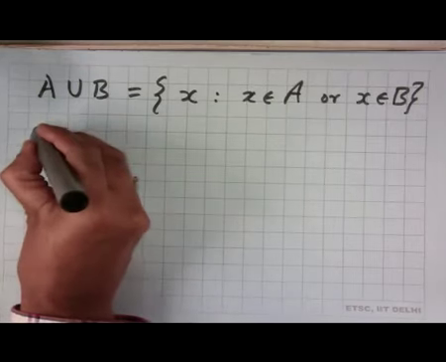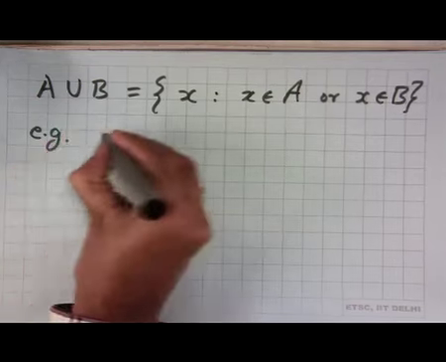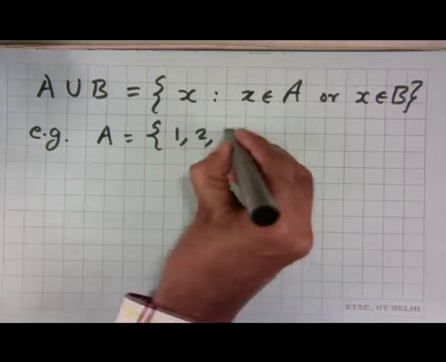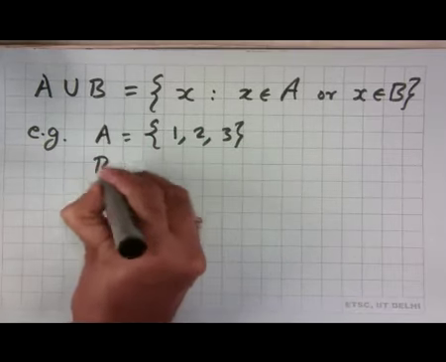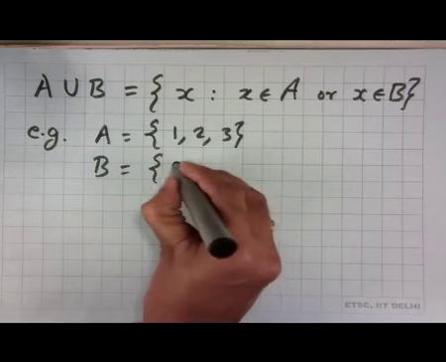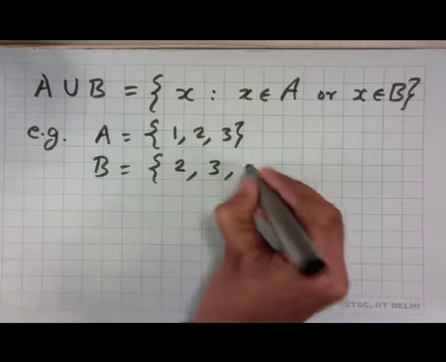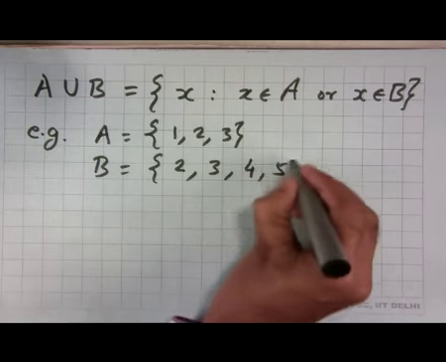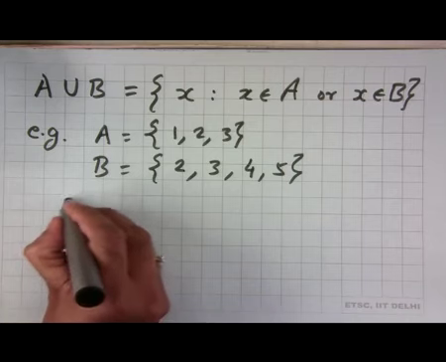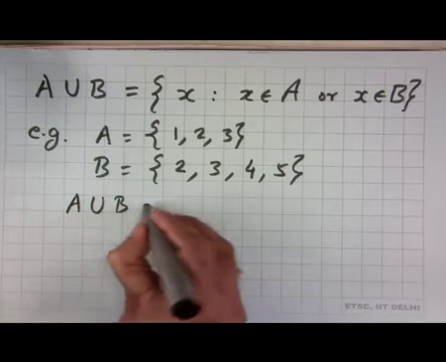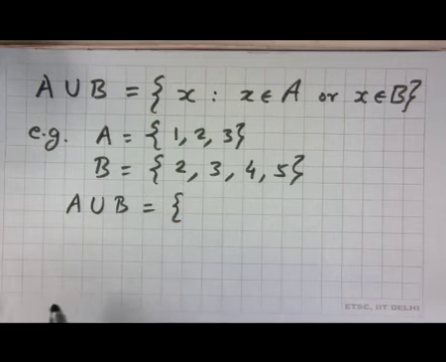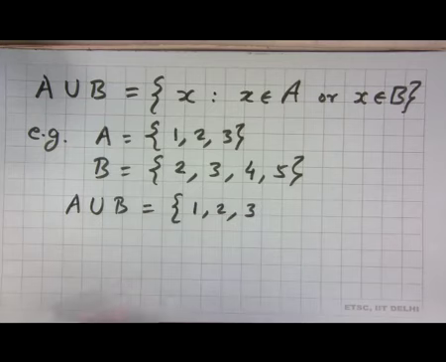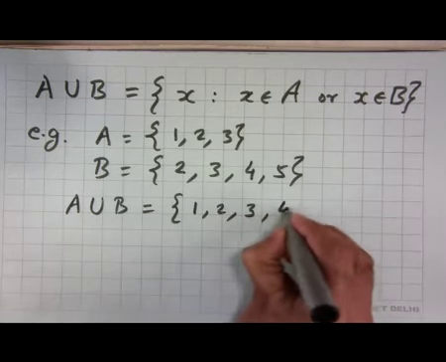So, for example, let A be the set containing 1, 2 and 3, B the set containing 2, 3, 4 and 5. Then A union B must contain all the elements of A and all the elements of B. So, we write 1, 2, 3 and then we have 4 and 5.